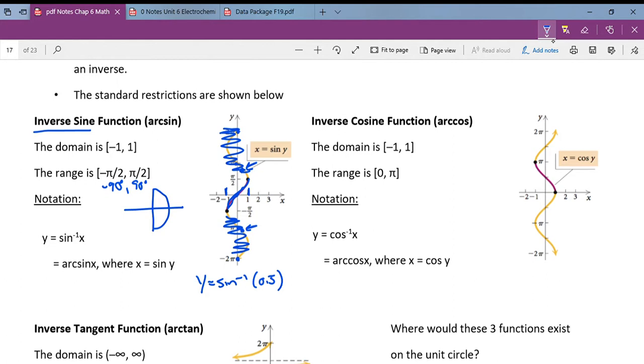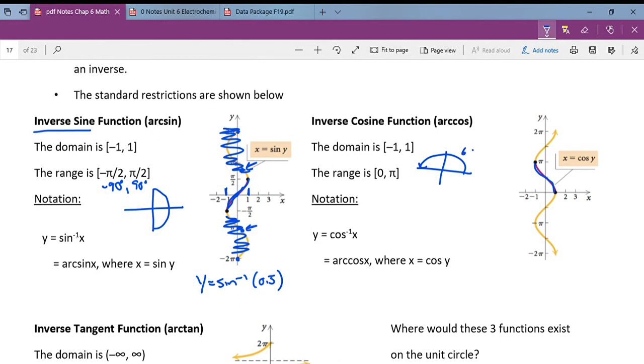If we did the same thing with cosine, we want to look at what it gives us. If we want to restrict our domain, again, we restrict it to the purple part. So it's always going to give us answers between 0 and pi. Why does it do that? Well, let's first make sure that that's right. If we hit inverse cos of 0.5, let's just keep on the 0.5 train, I get 60 degrees.